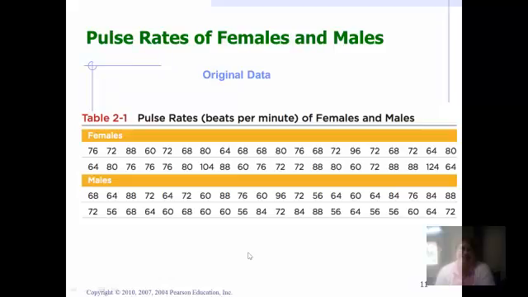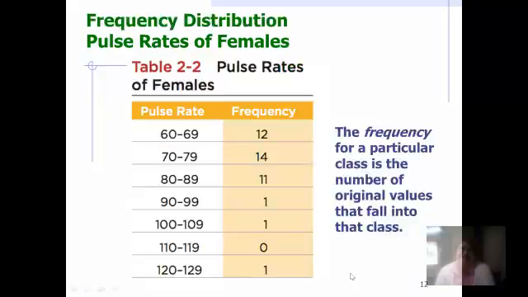So here's the data that we're going to use. We have the set of females and the set of males, and we're looking at their pulse rates in beats per minute. What we've done is divide the data into classes. I'm going to go back to the data in the previous slide.